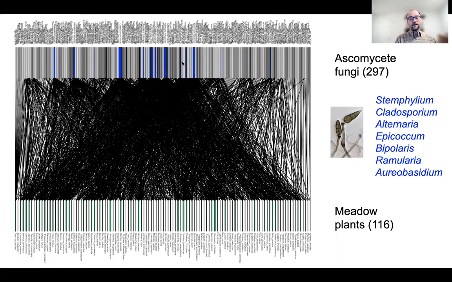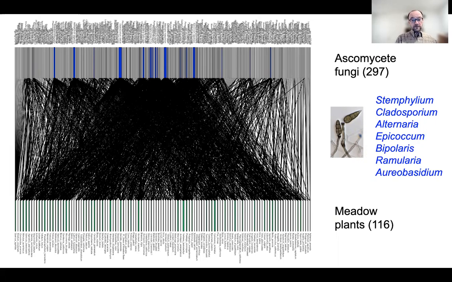The fat blue lines are those fungi that are found on quite a number of different host species. They're much broader generalists, and these are the ascomycetes in the meadows, and they come from fungal genera that we would expect to see in these leaves and to be quite generalized.